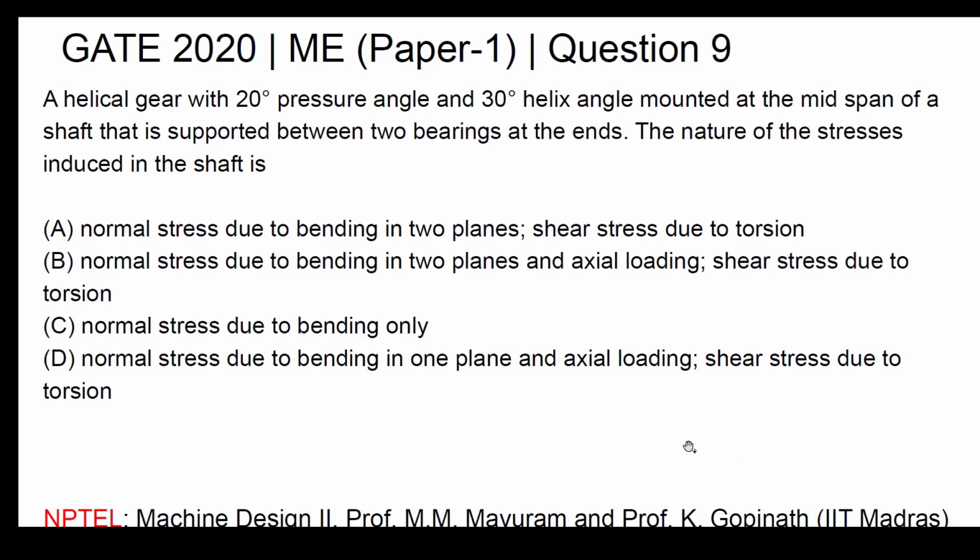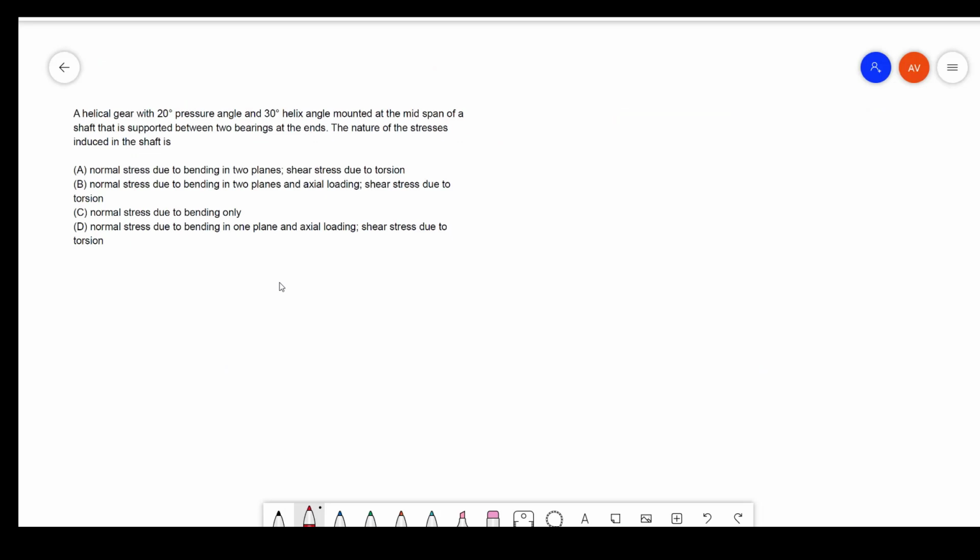So let's proceed with the problem. What is given in the problem? You are being given a shaft. Let's say you have a shaft like this. Now your gear is somewhere here.